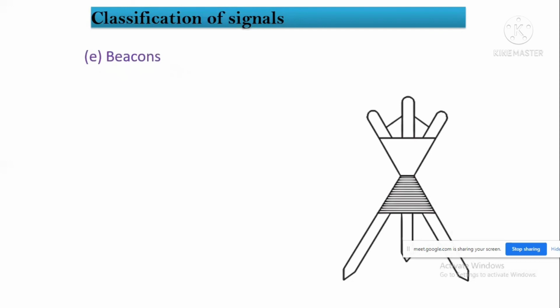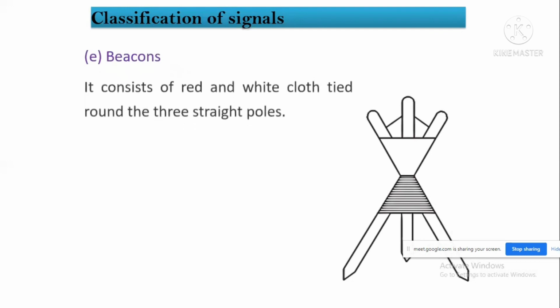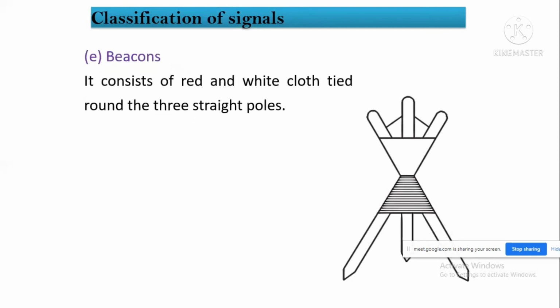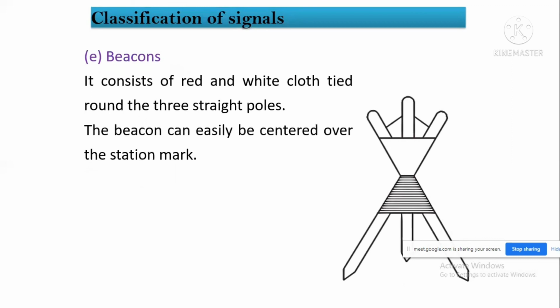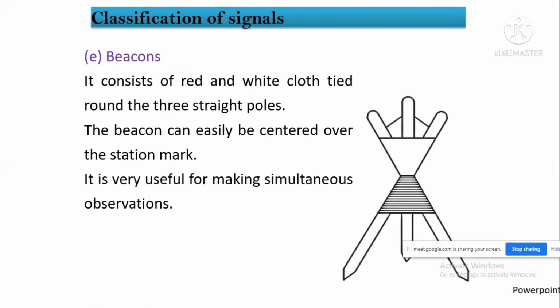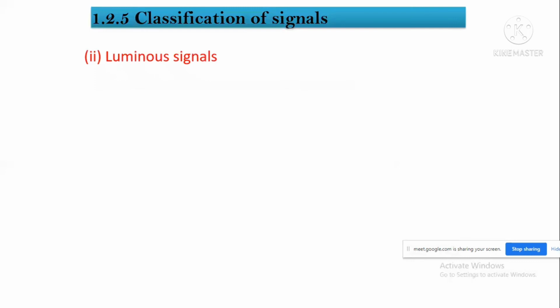The last type of signal is the beacon. It consists of red and white cloth tied around three straight poles. This can be centered over the station mark easily, and beacons are very useful for making simultaneous observations.